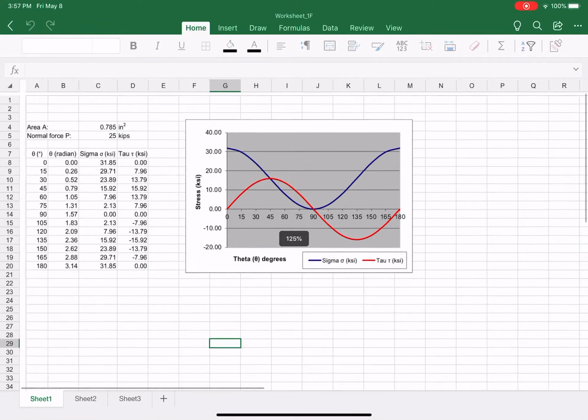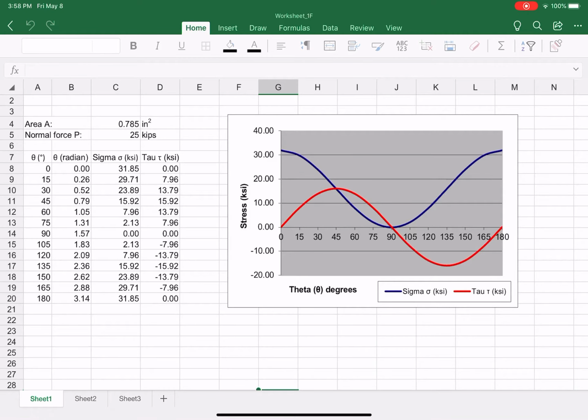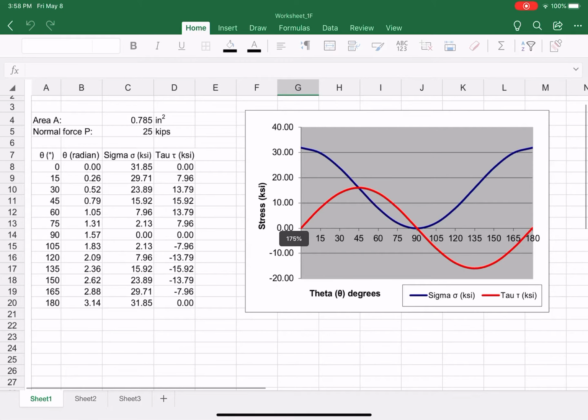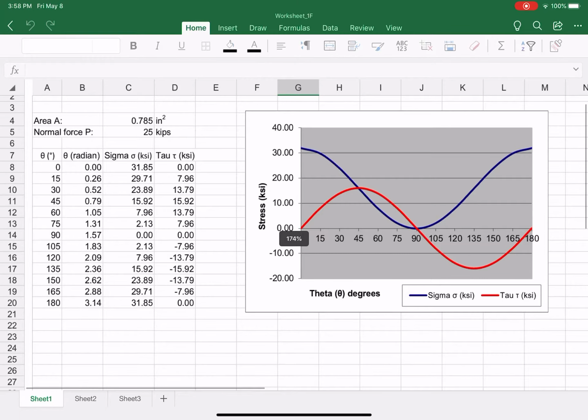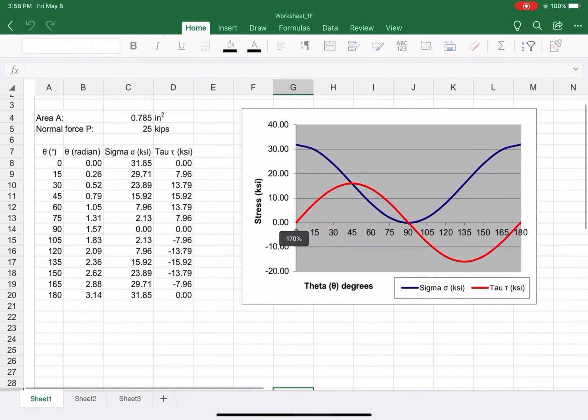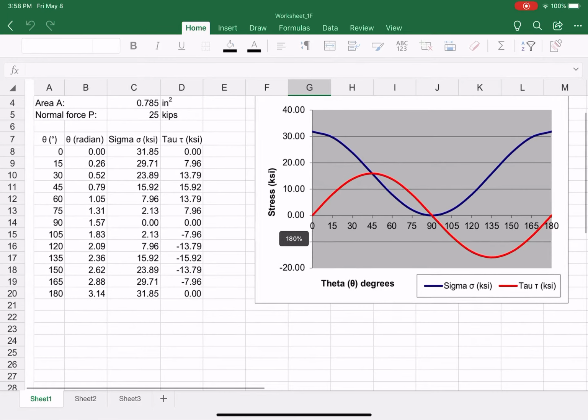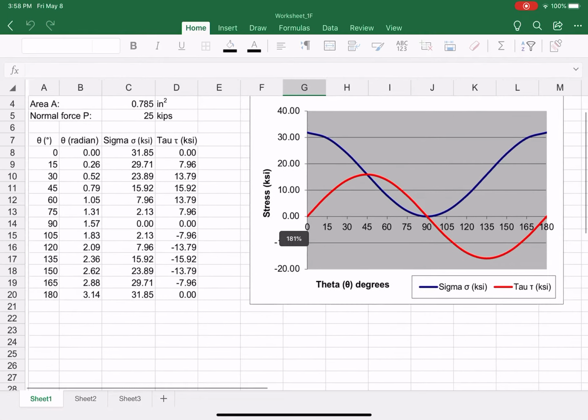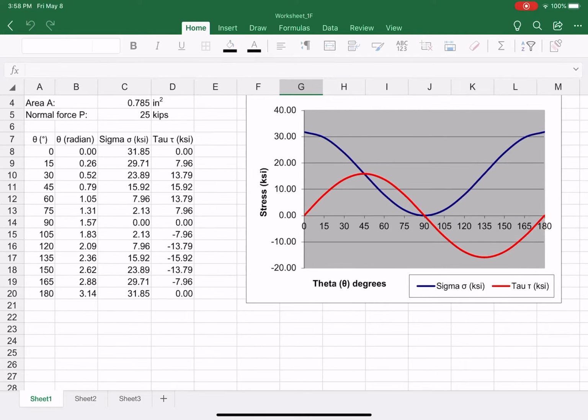We have a transverse cut here with an area of 0.785 inch square, that is the transverse area, and then the force P equal to 25 kips. So with any cut that forms an angle theta, in this case we vary it from 0 to 180 degrees.